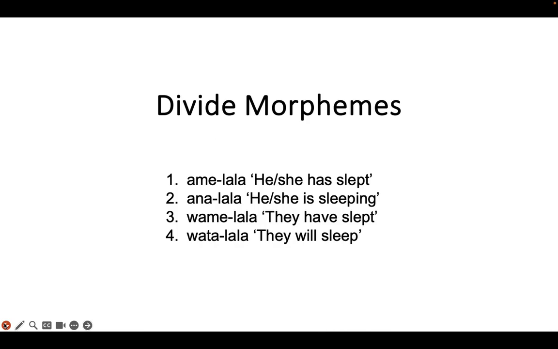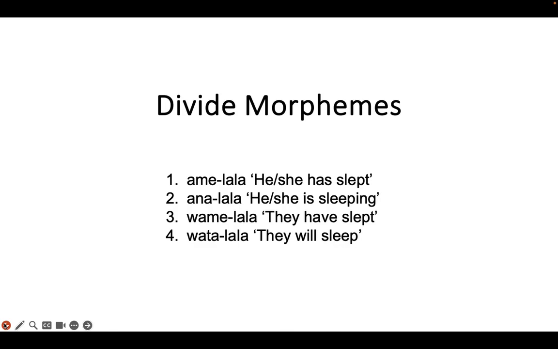And now we can probably divide up these morphemes a little bit further. And so let's look at what comes before that root. One thing that you should notice, again, you need to look at the English translations to figure this out, is that some of these verbs have he/she as the subject, and some of them have they as the subject. Now, if you look at the verbs that have he/she as the subject, you should notice that those verbs all begin with a.